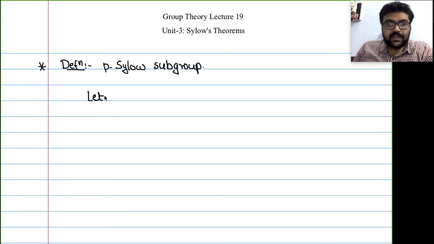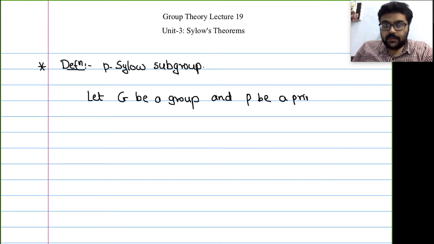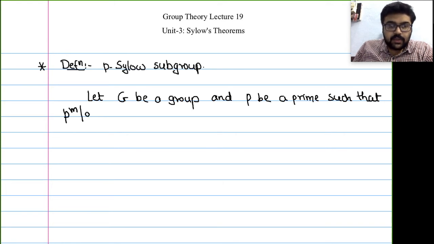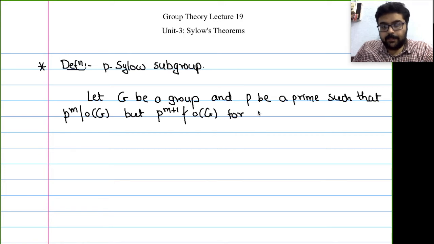So what is the p-Sylow subgroup? Let G be a group and p be a prime such that p^m divides the order of G, but p^(m+1) does not divide the order of G, for some integer m.